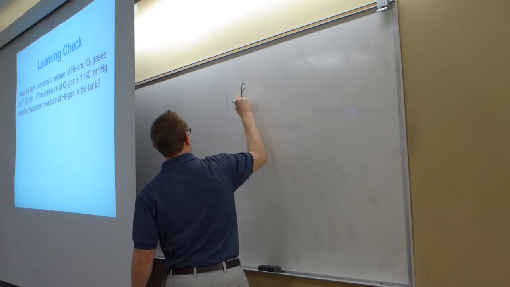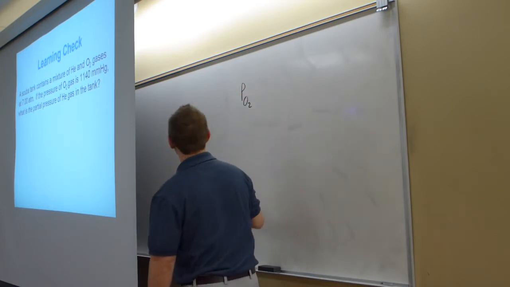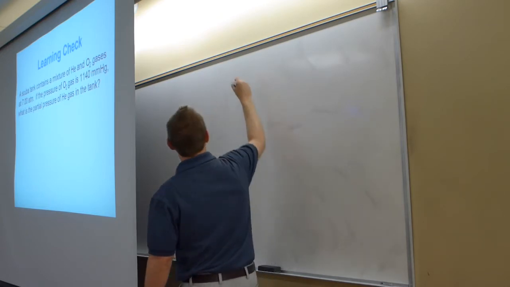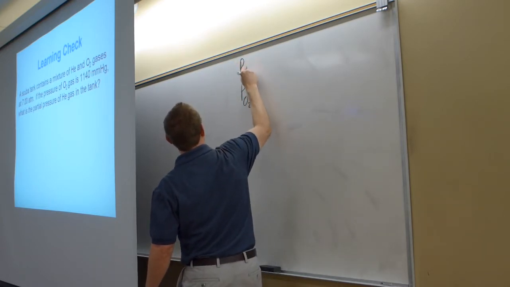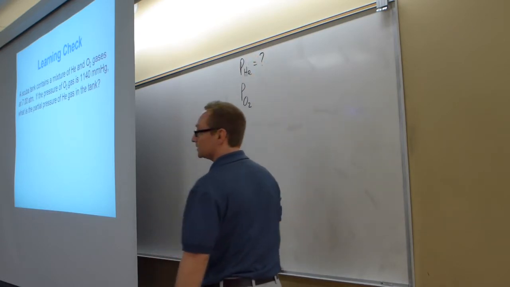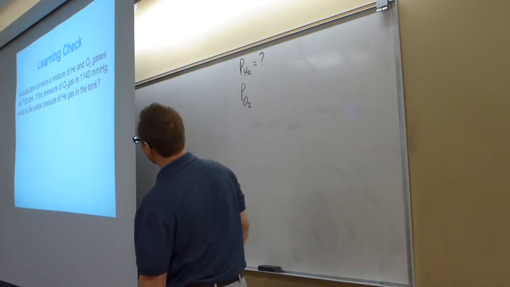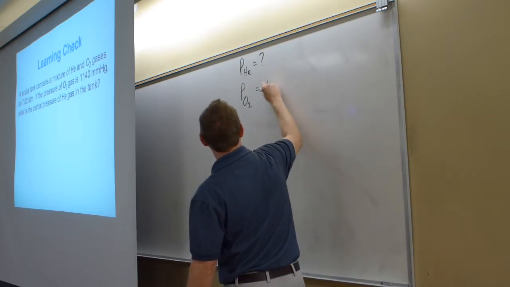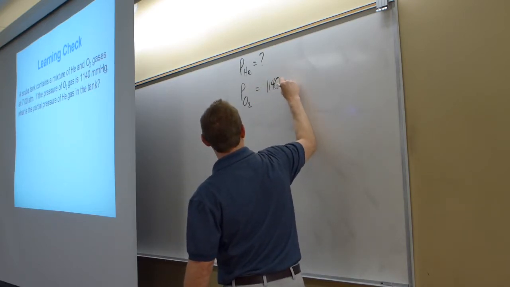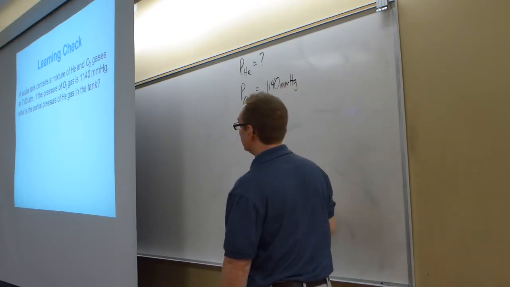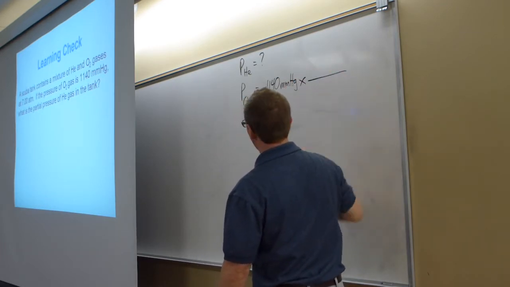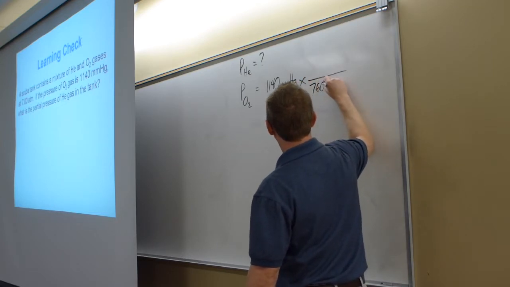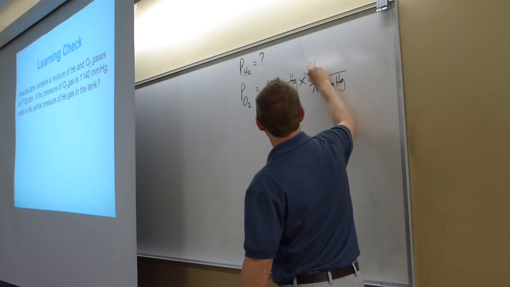Usually they express the partial pressure of oxygen as P O2, versus P helium, which is what it's asking us for. So the partial pressure of oxygen is 1140 millimeter mercury. How do we get to atmospheres from there? Yeah, divide by 760.